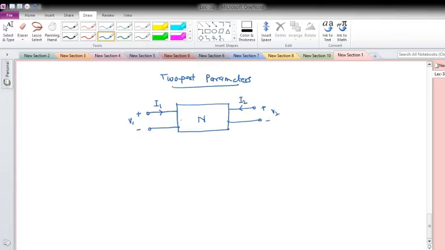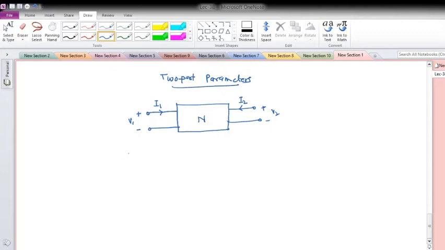Suppose these are in transform form. So now suppose these are my conventions of the polarities which we have selected. Now we can see that there are four variables, where the two voltages and two currents. Now it is noted that there might be other voltages and currents also inside the box, but we assume that these voltages and currents inside the box are not at all available for measurement, or not important in our particular application.